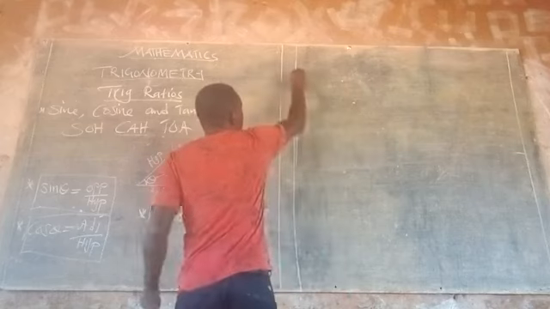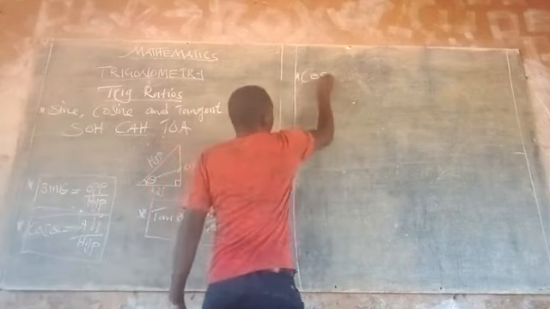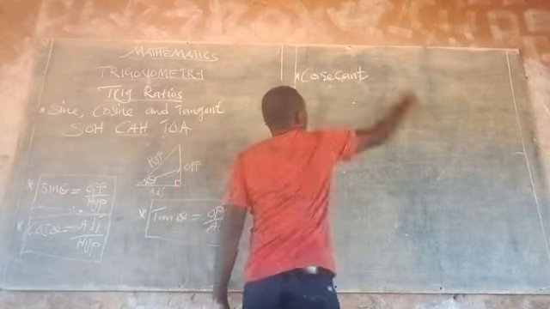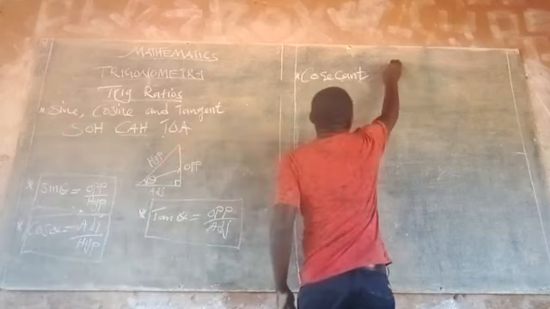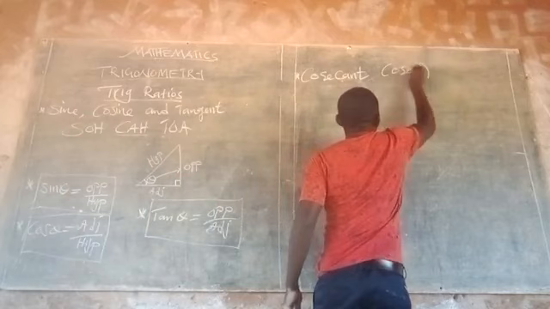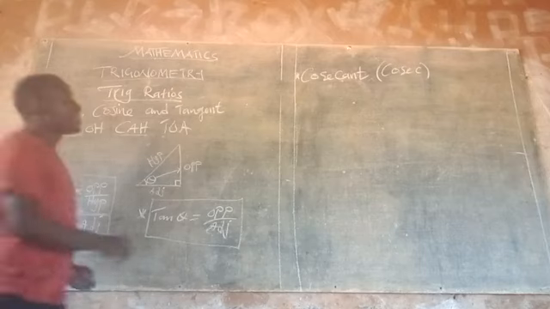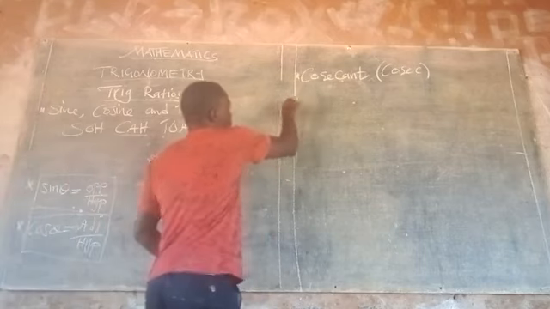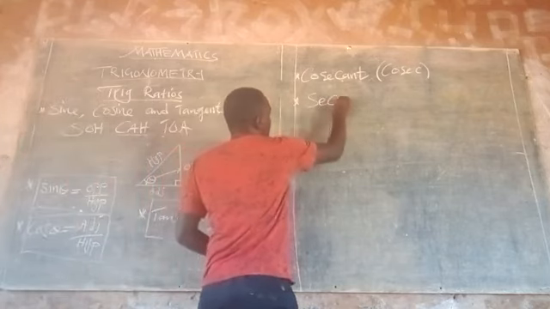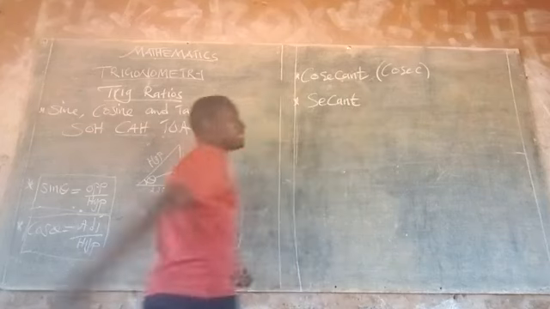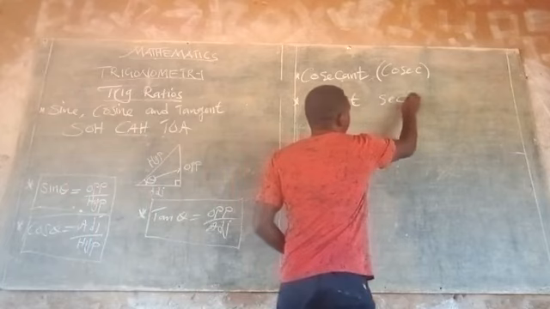We have what we call the cosecant, which we can also call the cosec. We also have what we call the secant. We can also call this one the sec.